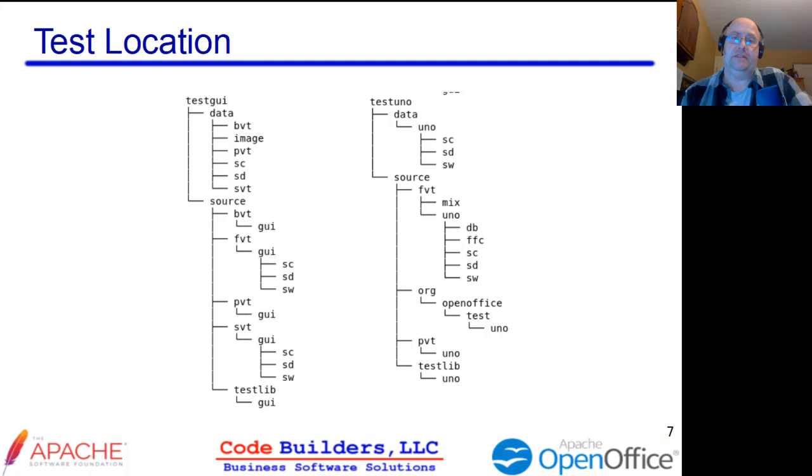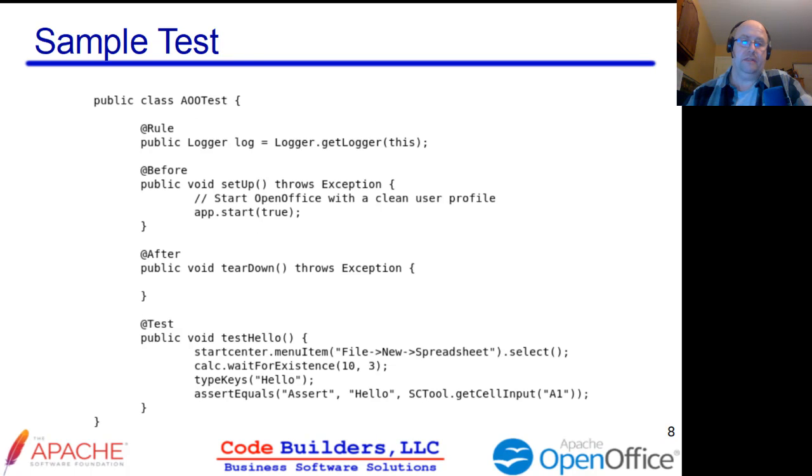Then the source directories hold the test classes, and then they're further broken down by the test suite that they're in. So you'll see BVT, FVT, PVT, SVT, and so forth. Then you'll see the same thing over on the Uno side as well. So that's how you find the test.